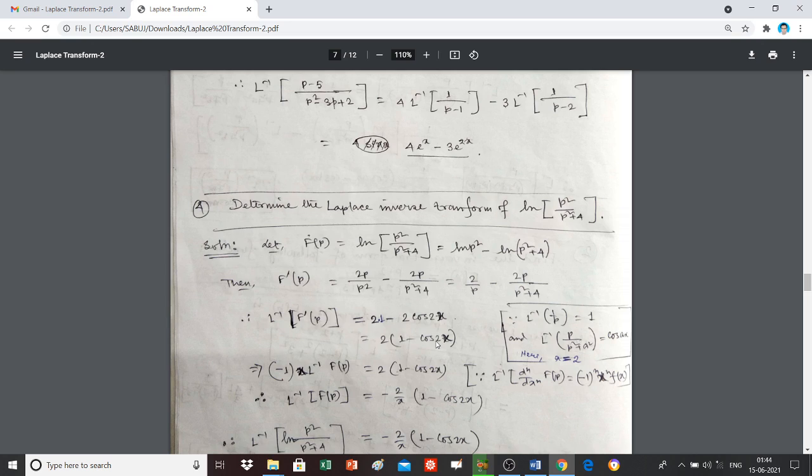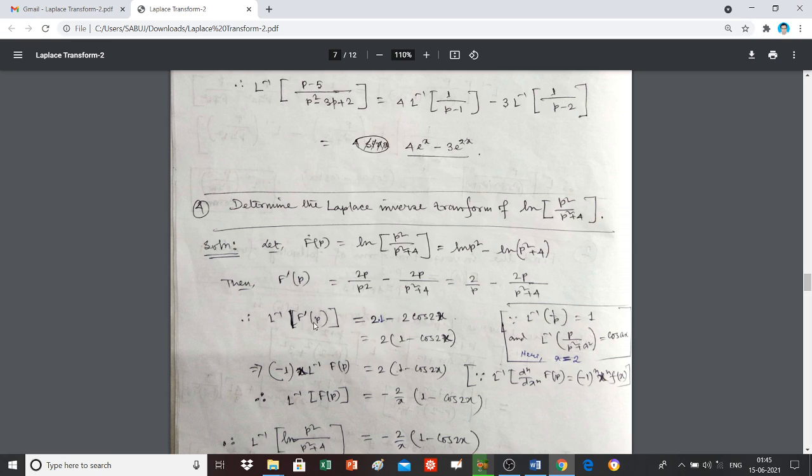Now we find the value, because you know that L inverse of d^n/dp^n F(p) is equal to minus 1 to the power n, x^n f(x). So writing this first here, we have discussed this formula or property.